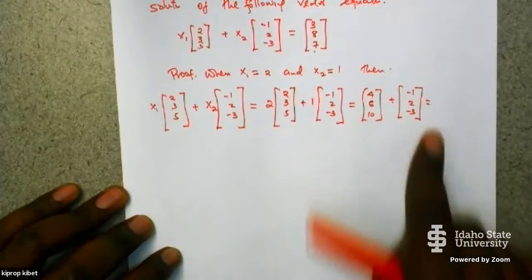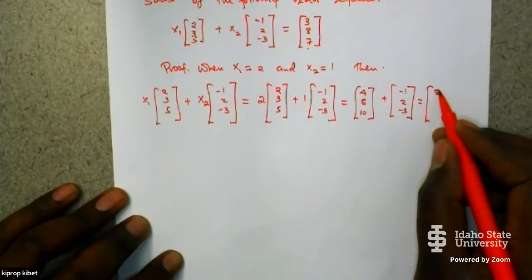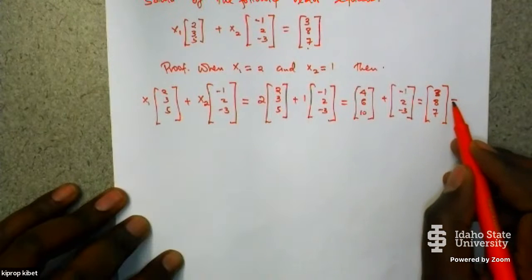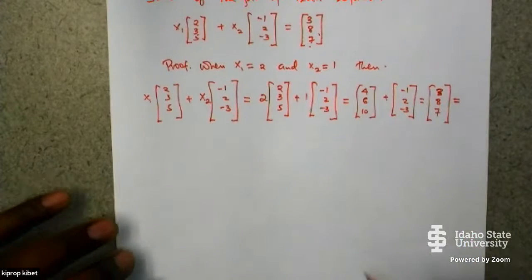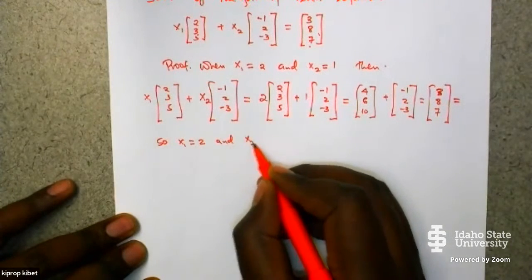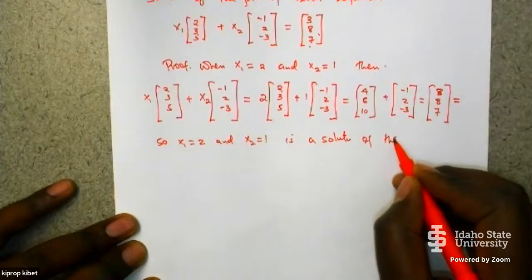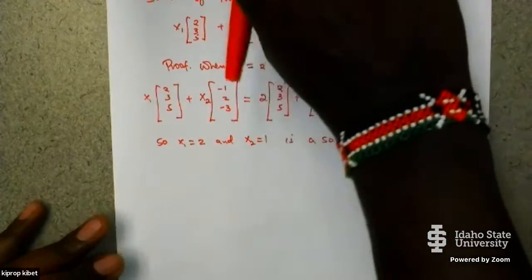Then when we add the two vectors, we get 3, 8, and 7, which equals the right-hand side. So x1 equals 2 and x2 equals 1 is a solution of the vector equation.